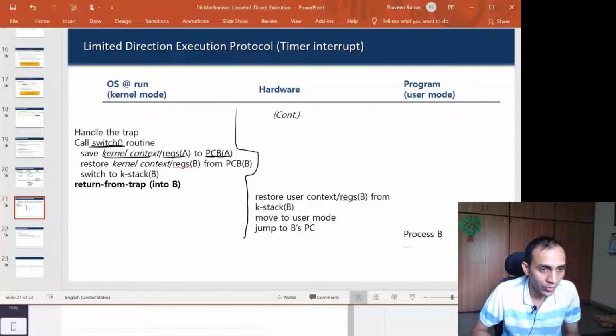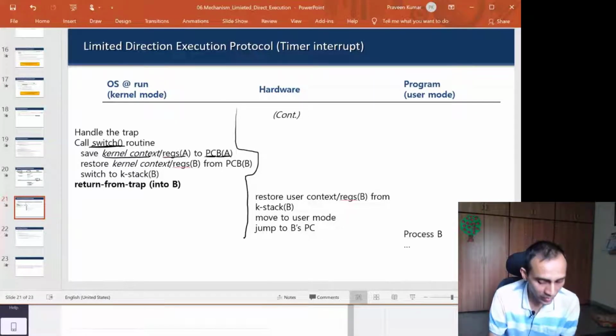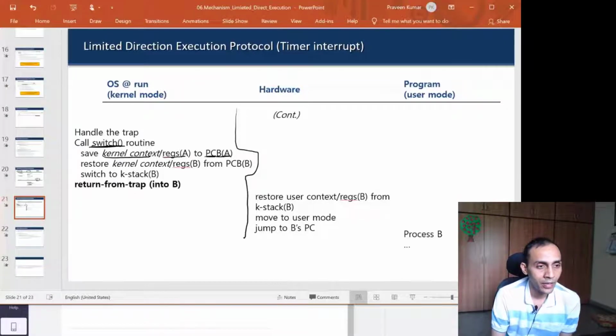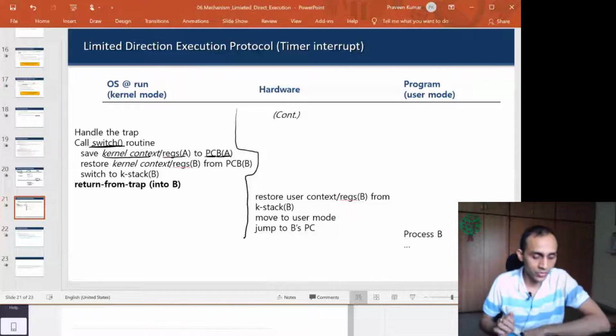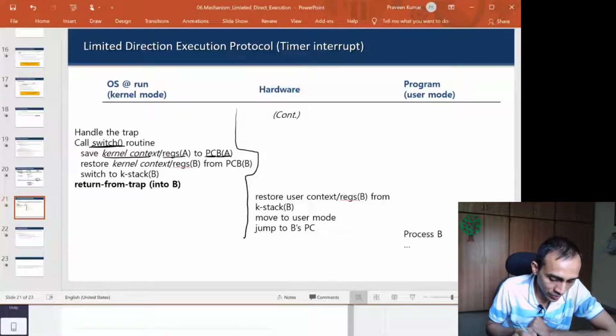When the OS is running a process, the OS will keep every minute piece of information which it needs to control that process in a data structure called the process control block. Its process ID, its parent, its children processes, the files the process has opened, and everything, including the register values of that process.